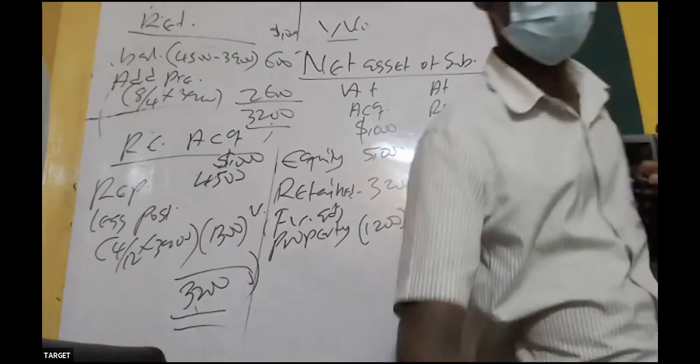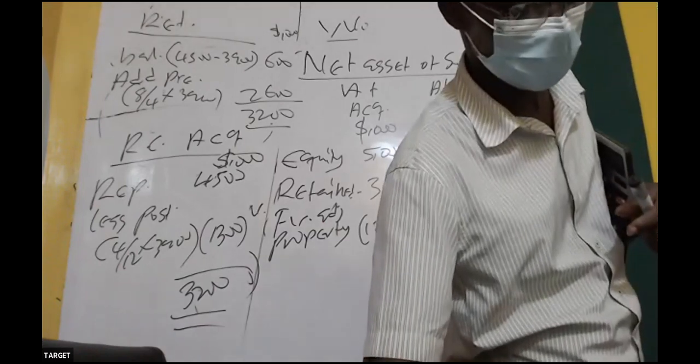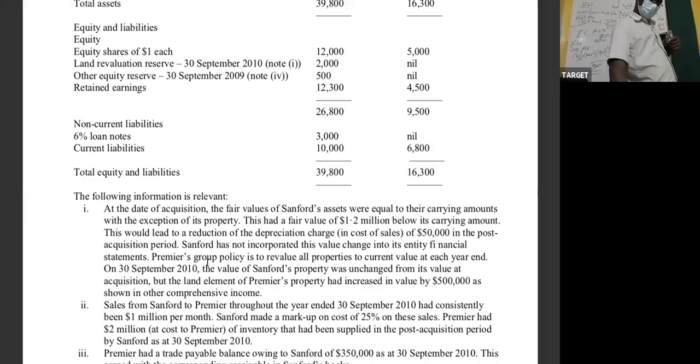Powerful. Let's continue with the adjustments. Read further that this will lead to a reduction of depreciation charge in the cost of sales of 50,000 in the post-acquisition period.